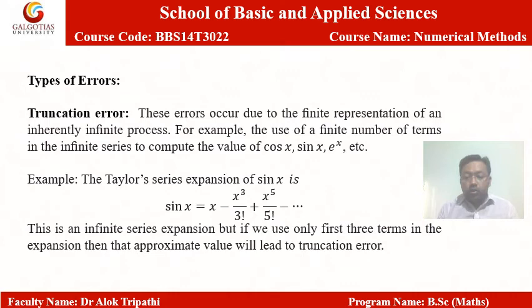So we have some error in the value of sin 0.2, and that error is called truncation error. So what is truncation error? Truncation error is just the error which occurs when we use finite terms of an infinite series.